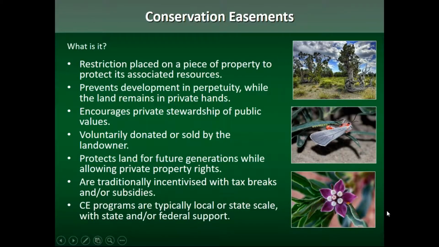Okay, so what's a conservation easement? A conservation easement is a restriction placed on a piece of property to protect its associated resources. That is to say that we are going to separate the right to develop the land from the right to own it.